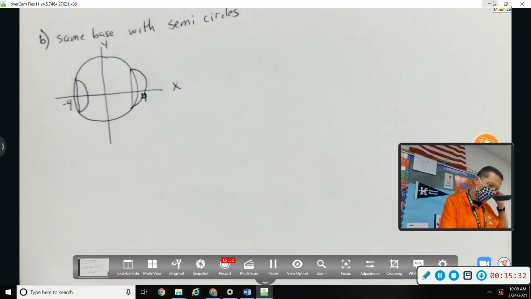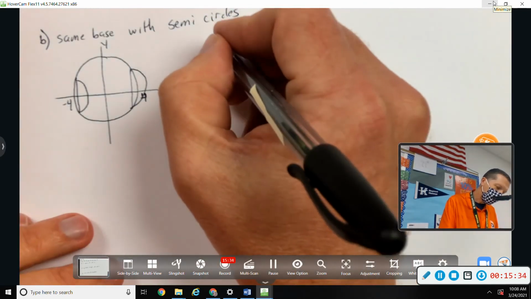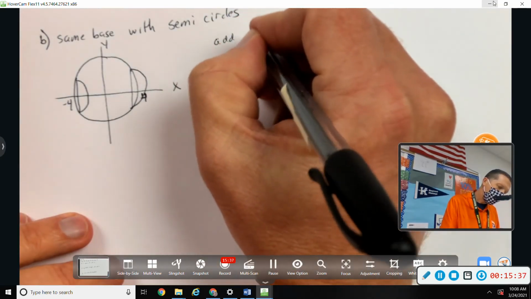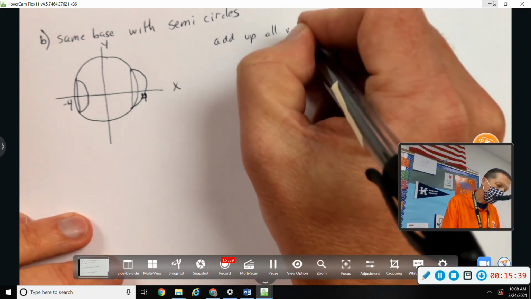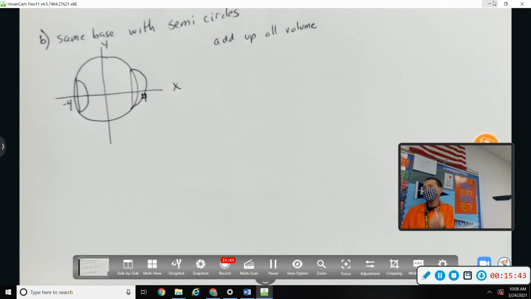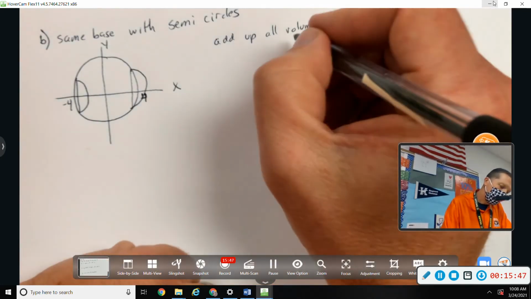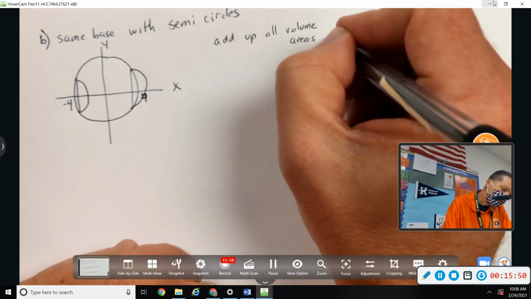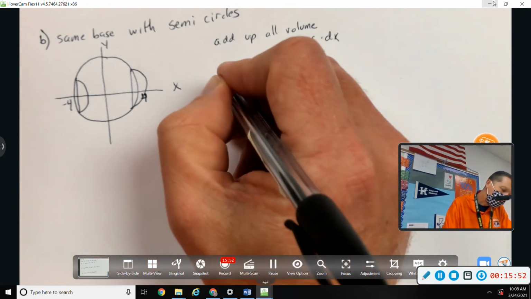All right, so we want to add up all the areas. Well, sometimes I say area, sometimes I say volumes. You call it a volume if you include the dx. If you just want to stick the dx on the end and add up the areas, that's fine too, as long as there's a dx at the end.